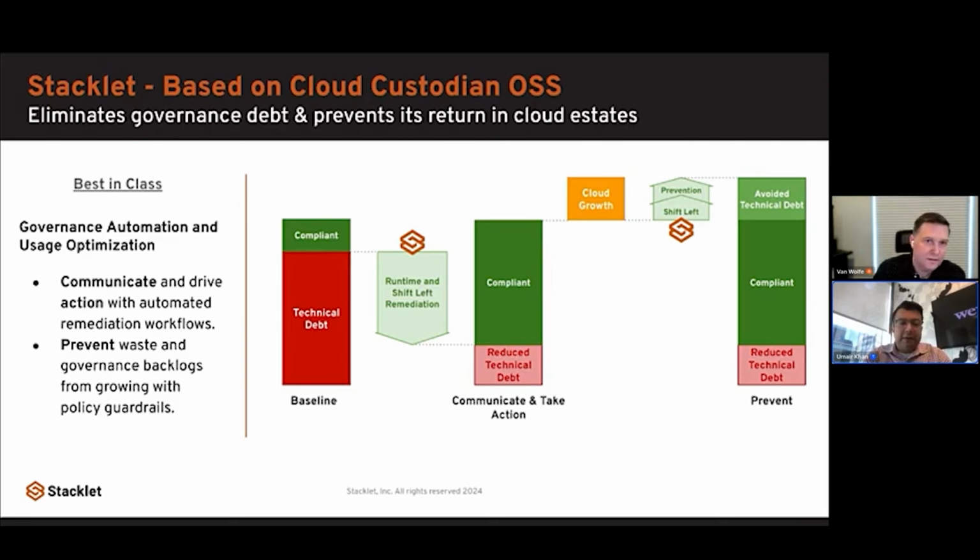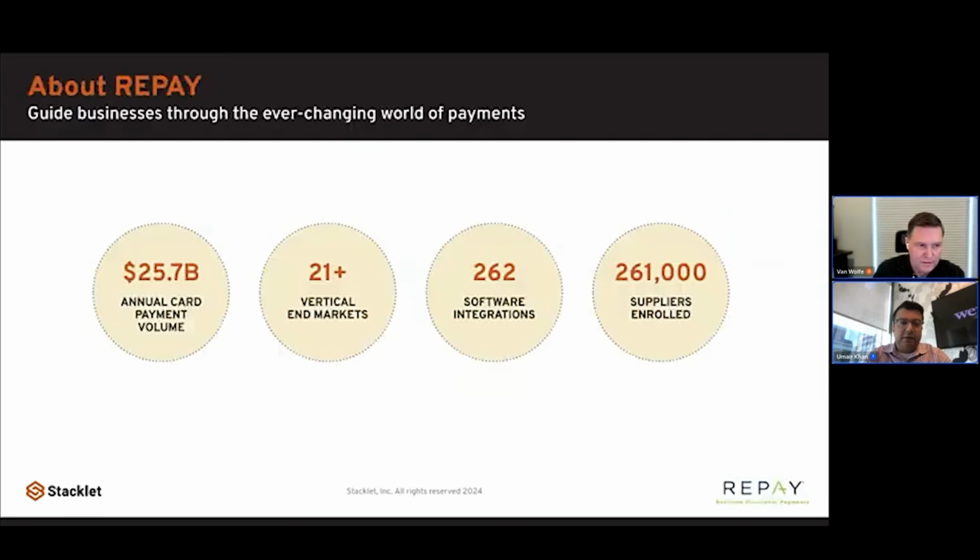Van, you want to tell us a bit about REPAY for those that don't know about REPAY as a company? Sure. REPAY at the core is a payment processor. We do over $25 billion in card volume annually. Our real goal for our customers is to simplify the journey, to make it easier to make payments or take payments, really to make sure that all of the security, the optimization, all of those things that are part of the life cycle of a payment, the customer doesn't have to manage.